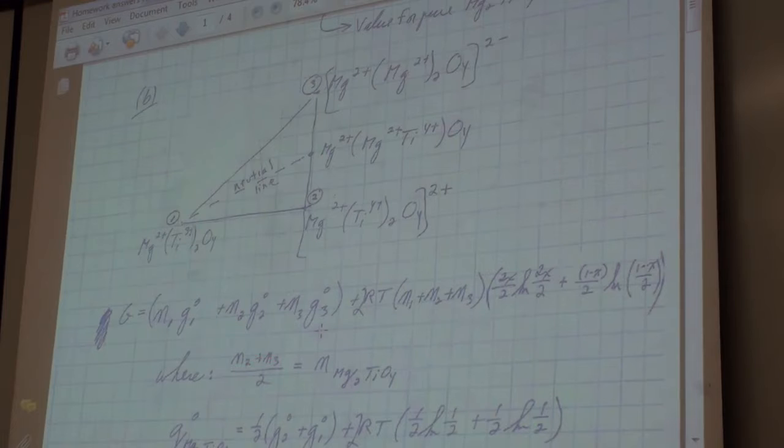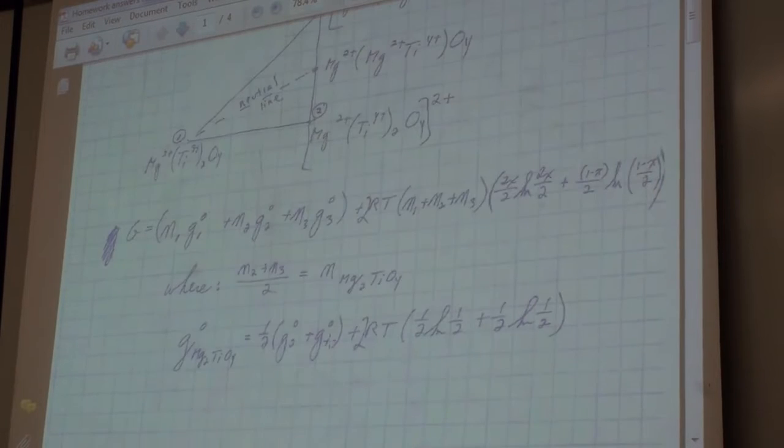Where N2, the number of 2 plus the number of 3, is actually the number of moles over 2. The number of moles of this plus the number of moles of this, divided by 2, is the number of moles of your actual end member. And the Gibbs energy of real Mg2TiO4 is 1/2 the Gibbs energy of this plus 1/2 the Gibbs energy of this.